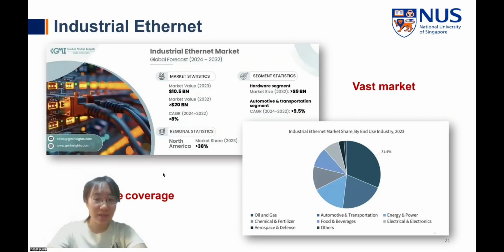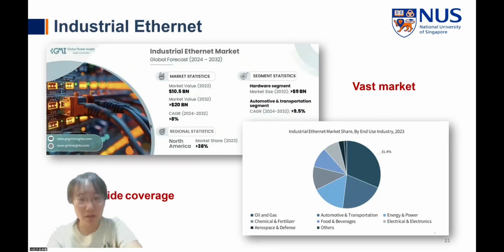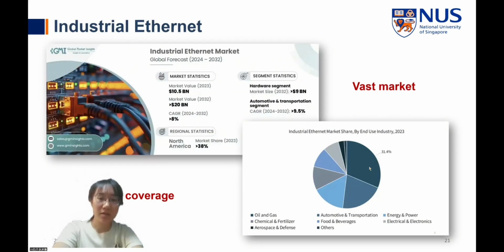According to the statistics shown here, you can see that the industrial Ethernet market surpassed 10.5 billion US dollars in 2024, and it is projected to maintain an average annual growth rate of over 8% from 2024 to 2032.